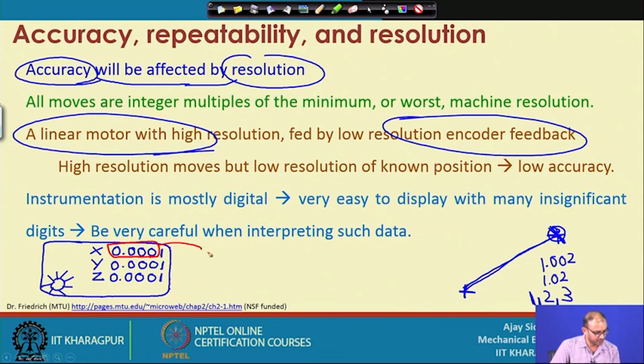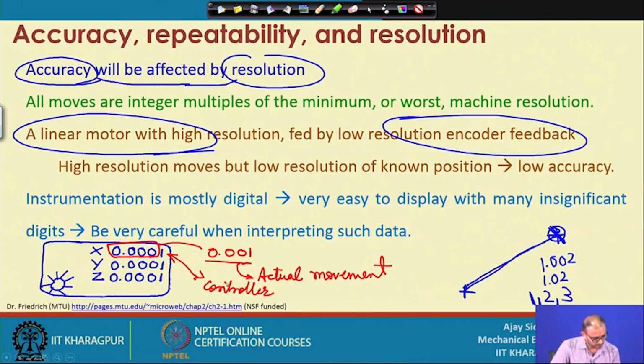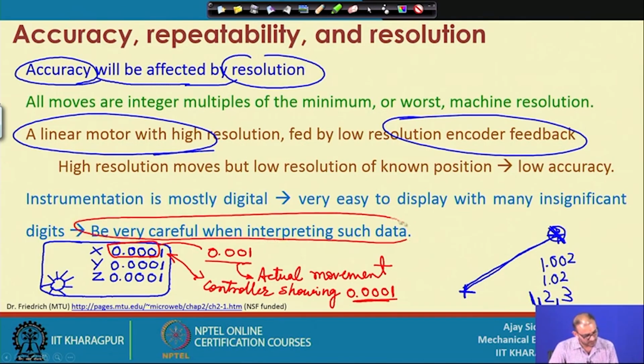So the actual movement is 0.0001 only, the actual movement, but your controller is showing 0.0001, correct.